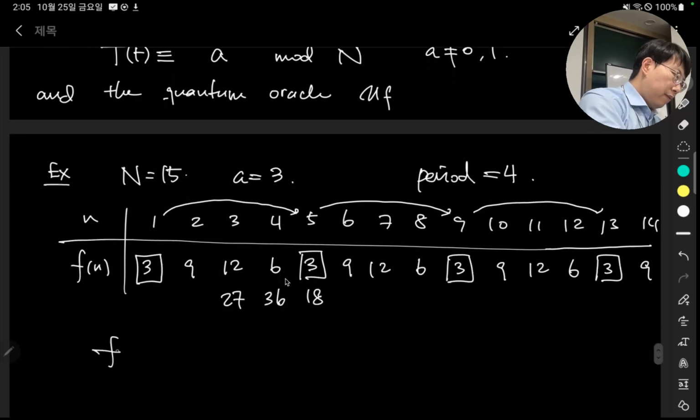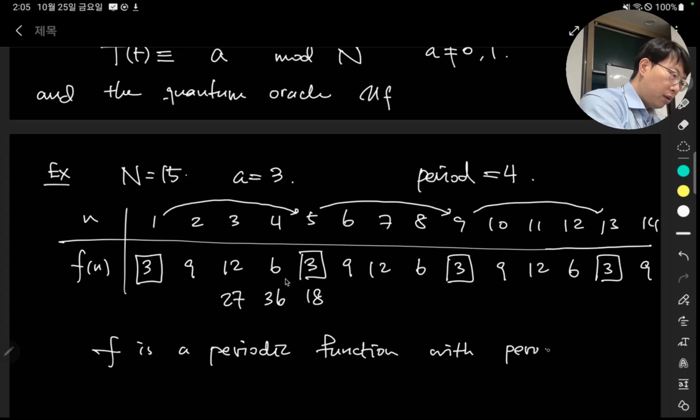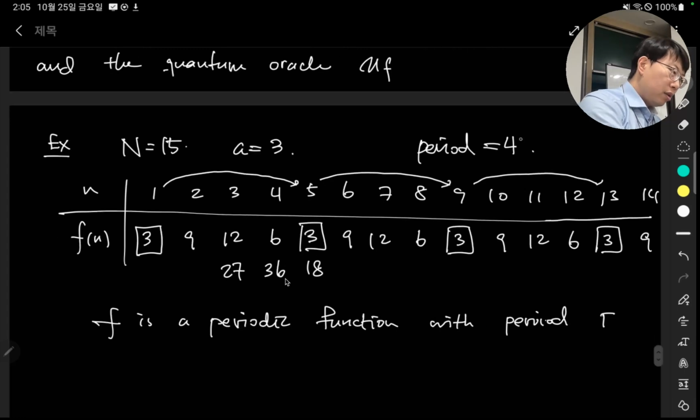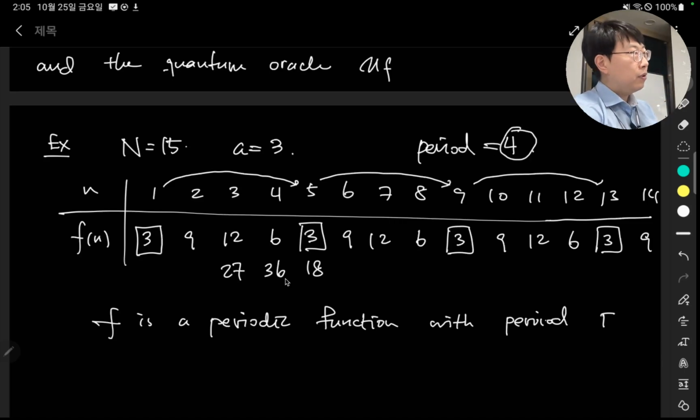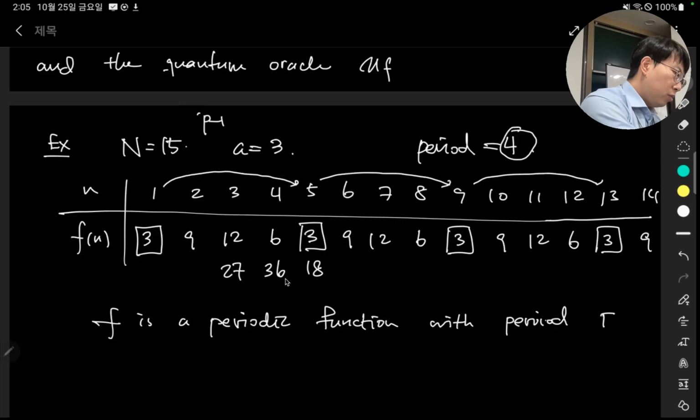So f is a periodic function with period r, and do you have any guess what period 4 must satisfy? In this specific example, it can be anything, but look at what p minus 1 times q minus 1 is.